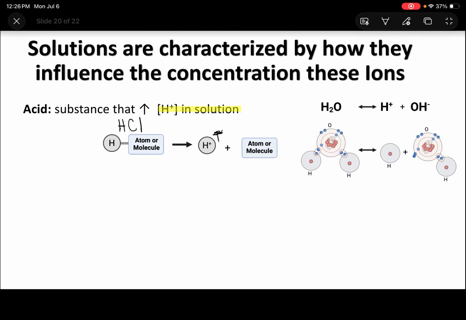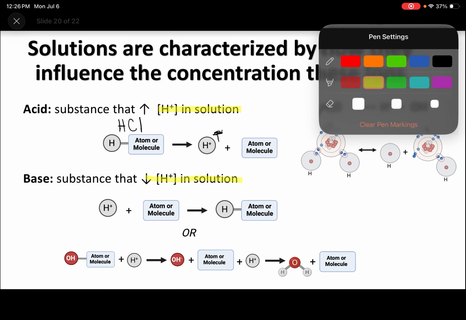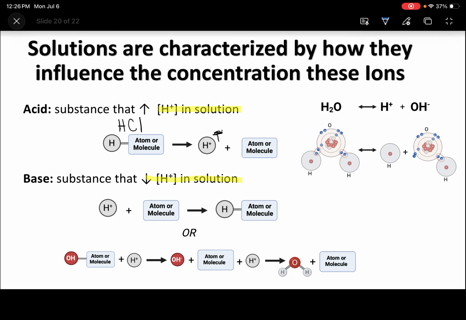On the other hand, bases are going to decrease hydrogen ions in solutions. So you can do this by adding an atom or molecule that can then take up that hydrogen proton, or you can add more hydroxide ions. Remember, water splits up into these hydrogen ions and these hydroxide ions.